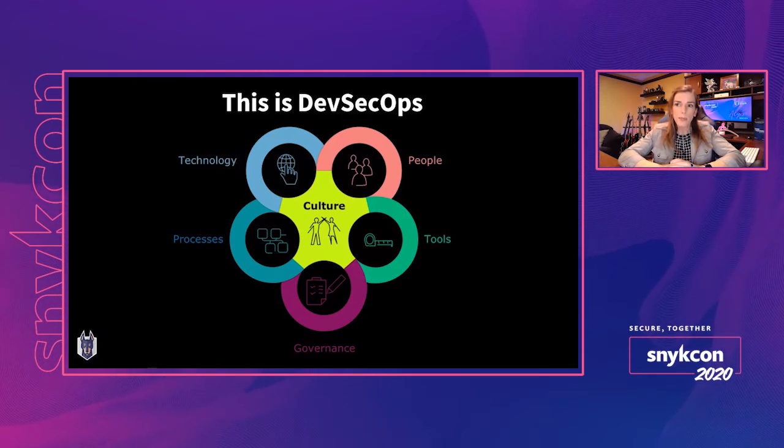We don't even think about that process side of things. And what about the people? What about governance? All of these things are a part of DevSecOps. That's because DevSecOps isn't automation. It isn't a tool. DevSecOps is a culture. It's a way of working differently so that we can bring devs together with ops, together with security, and get everybody working towards these common goals.